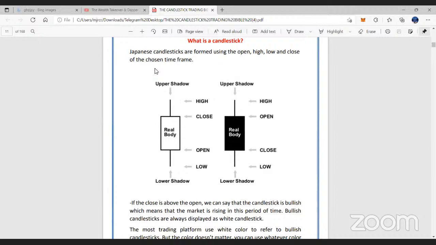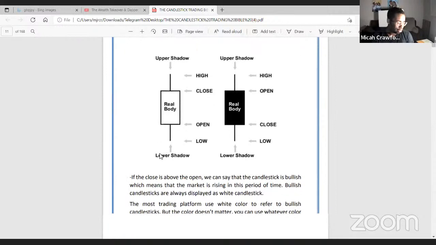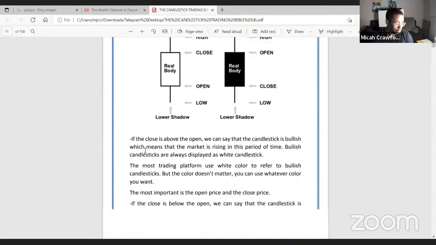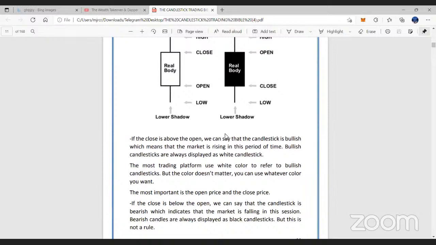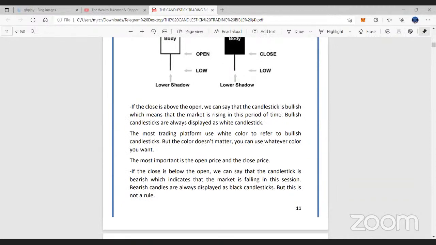Japanese candlesticks are formed using the open, high, low, and close of the chosen time frame. If the close is above the open, we can say that the candlestick is bullish, which means that the market is rising in this period of time.